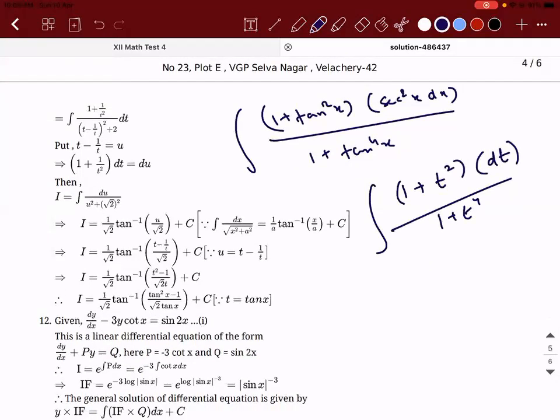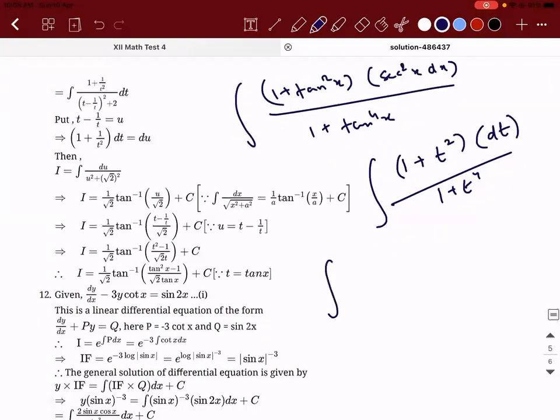Then what you can do again is divide the numerator and denominator by t square. If you do that, you will get 1 plus 1 by t square divided by 1 by t square plus t square, dt. Now observe, is there any relation?